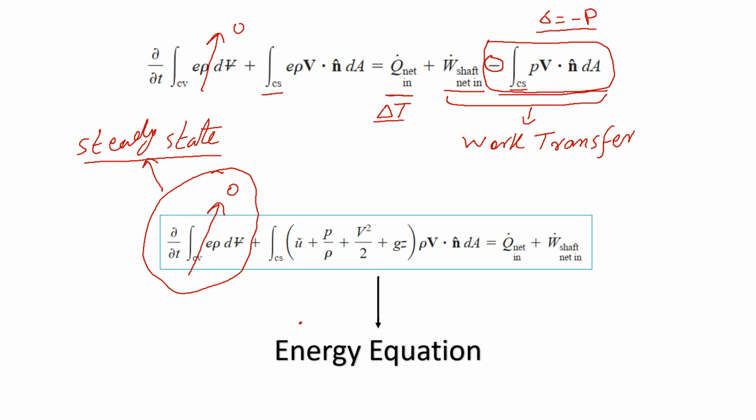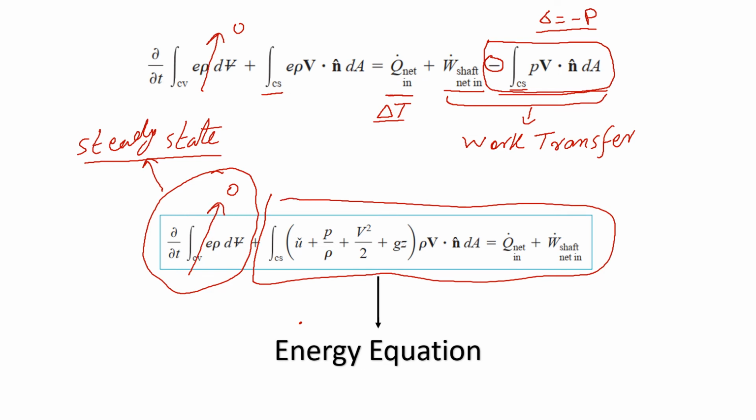So this is the energy equation that we will be left with, and again these two terms can also be equated to 0. This is for adiabatic condition, and this term will be 0 when our problem scenario involves no moving parts.